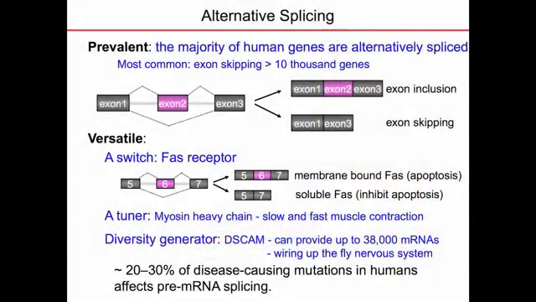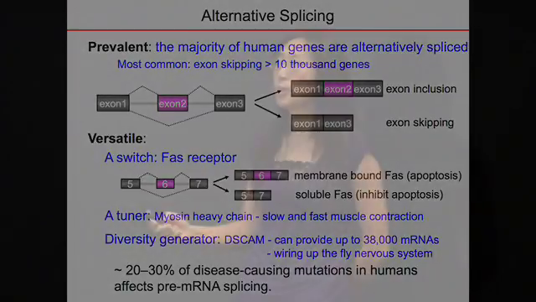For example, the Fas receptor protein is an apoptosis protein that you just heard about this afternoon, where cells die by an apoptotic process. What happens is that the Fas receptor undergoes alternative splicing. Inclusion of this variable exon 6 results in a membrane-bound form of Fas that promotes apoptosis.